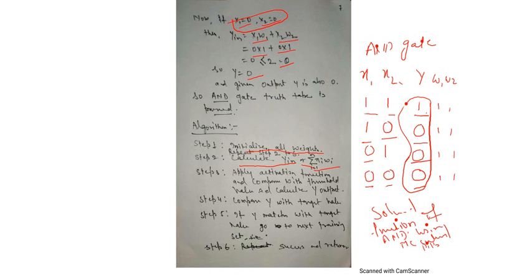We put the values of x1 w1, x2 w2, and calculated the value of y input. After getting y input, we applied the activation function on it. That is step 3: apply the activation function and compare with the threshold value to calculate the y output.